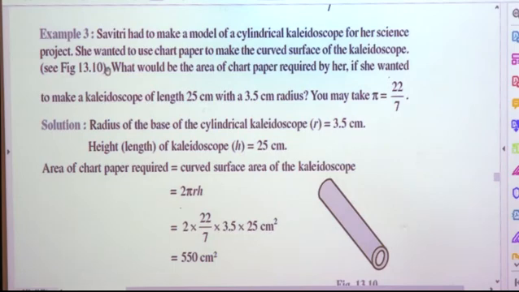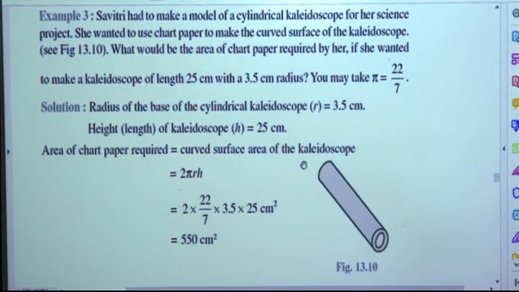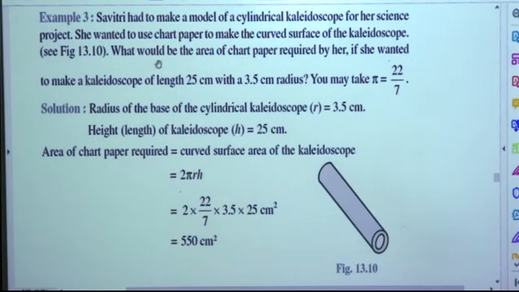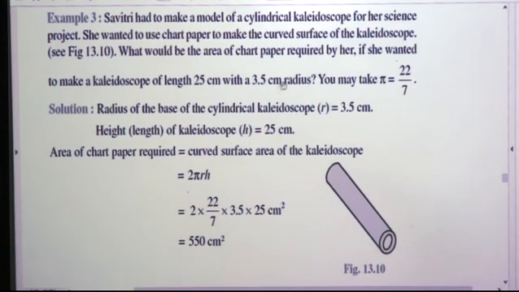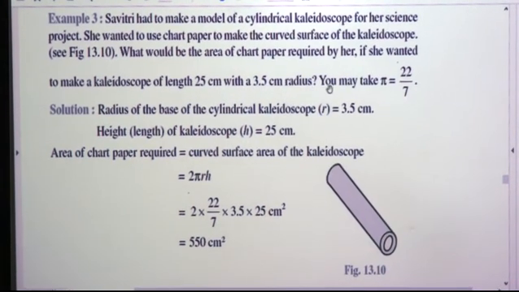See figure 3.10. What would be the area of the chart paper required by her if she wanted to make a kaleidoscope of length 25 centimeter with a 3.5 centimeter radius? You may take pi is equal to 22/7.